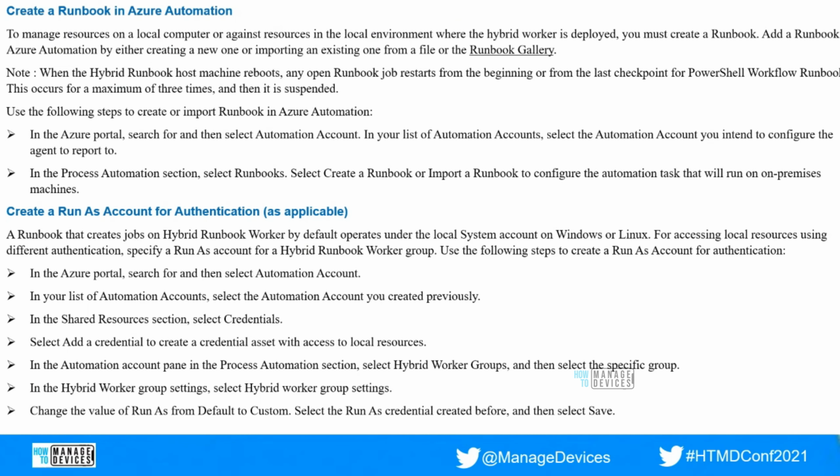There are two ways to create or import in the Azure portal. Search for the automation account, as I said, and as soon as it lists your account, select it and configure the agent which you want to report to it. In the process automation section, select the runbook, then select create a runbook or import the runbook. This is the automation task that will run on your on-premises machines, and you should be all set after that.